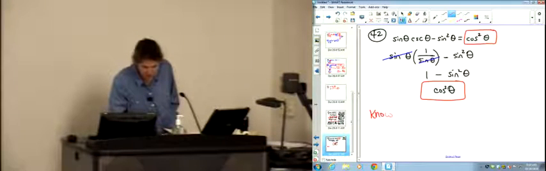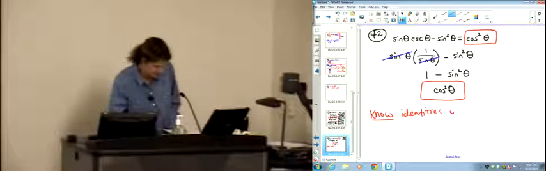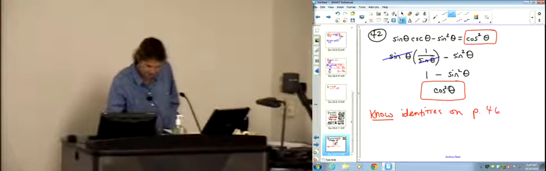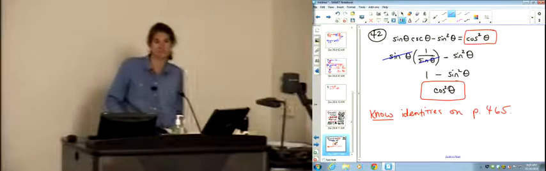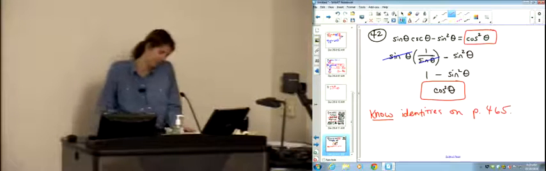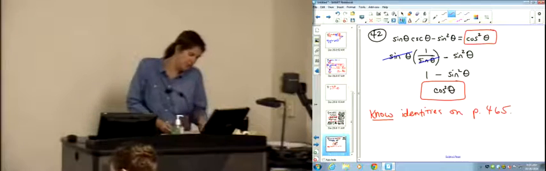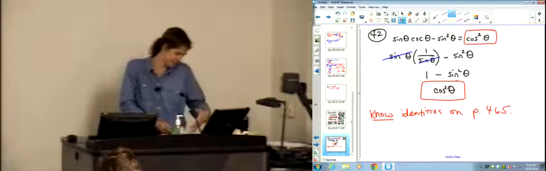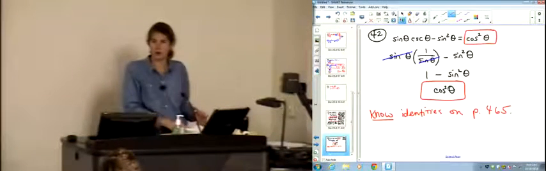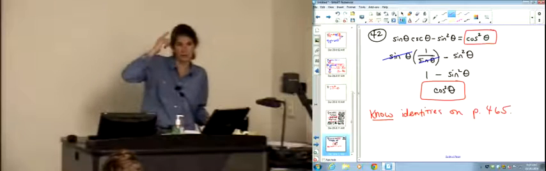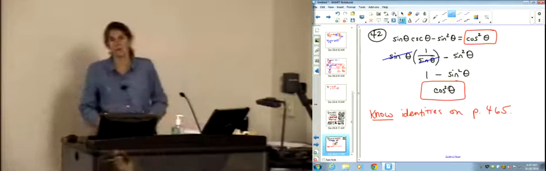So you want to know the identities on page 465. Those are your quotient identities, reciprocal identities, Pythagorean, and even-odd properties. Those are the ones you want to have up here. Most of them you probably do already.